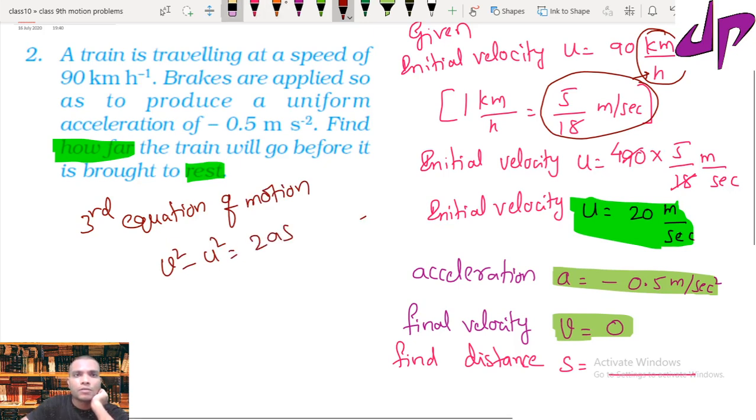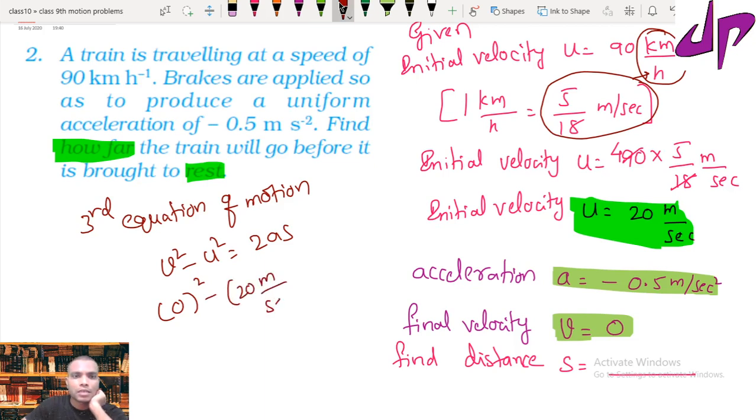Substitute all the given three values. So v square equals 0 square minus u square, which is 20 meter per second square, equals 2 times acceleration, given as minus 0.5 meter per second square, times s.